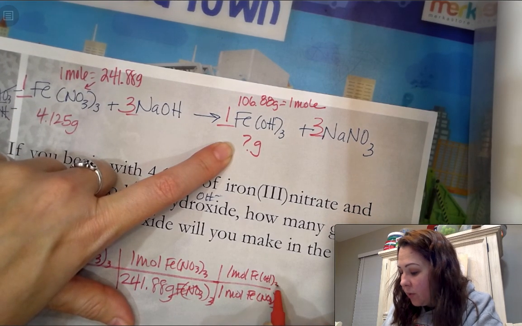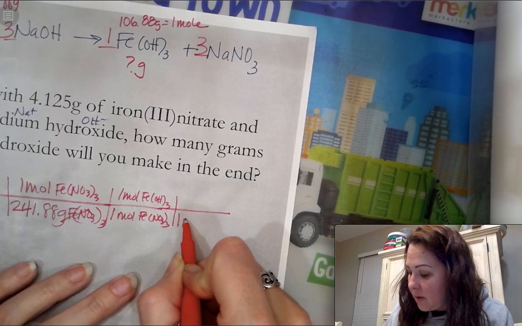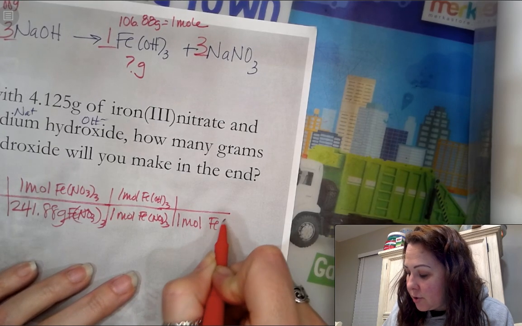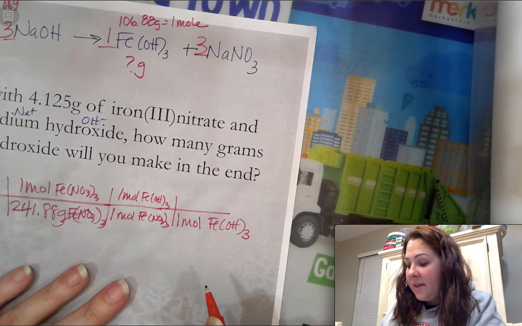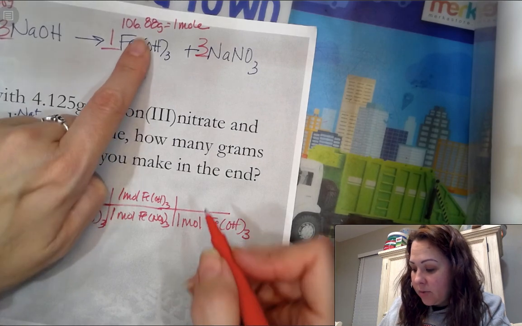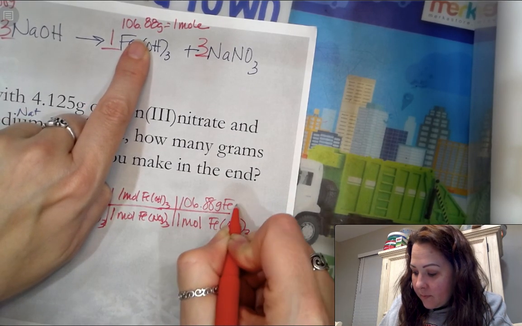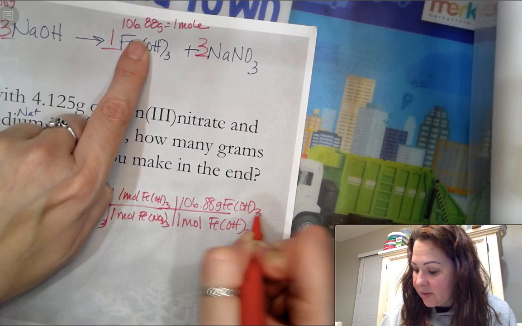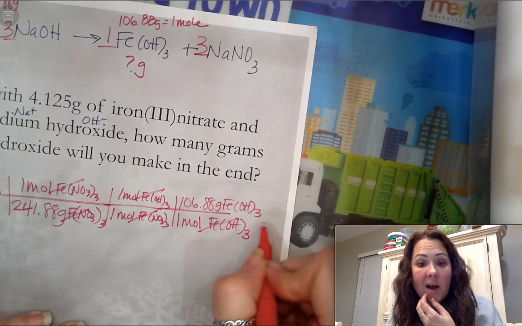So it's a 1-to-1 ratio. In my last step, I'm going to take my moles of Fe(OH)3 and turn it into grams by using my molar mass conversion factor. And that says 1 mole of my iron 3 hydroxide has a mass of 106.88 grams. So moles of iron 3 nitrate cancels, that leaves me with grams, so now I can do the math.